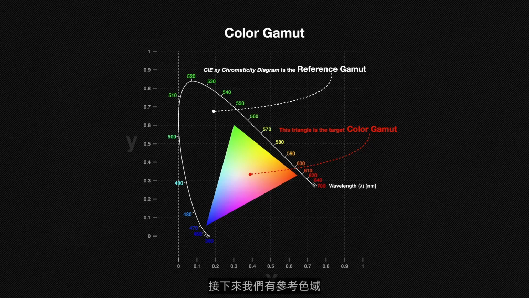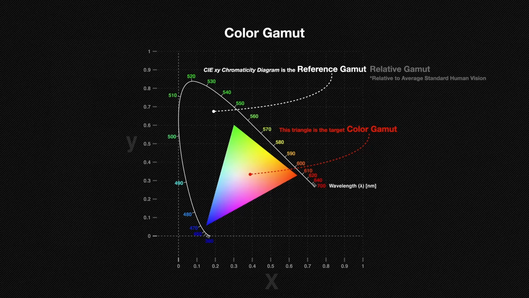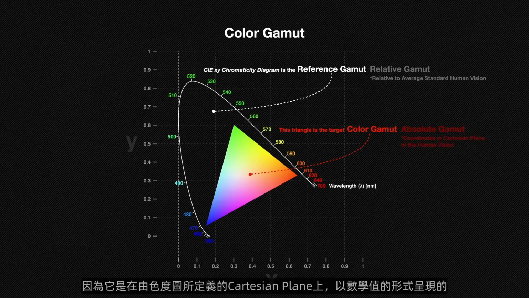Then, we have the reference color gamut, which is a relative gamut. Relative to what? Relative to the average standard human vision. And we have the target color gamut, which is an absolute gamut, because it is laid out in mathematical values in the Cartesian plane defined by the chromaticity diagram.